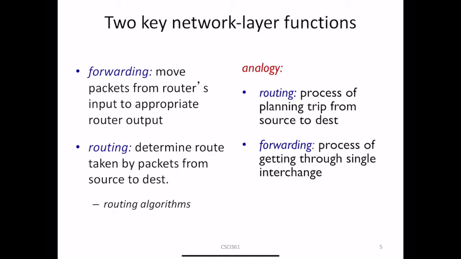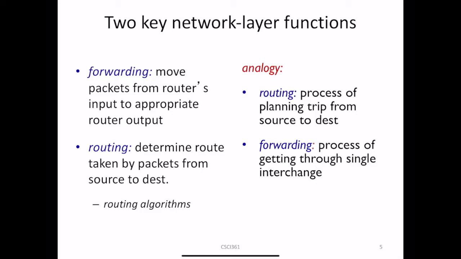Suppose you have a trip from Oxford to New York, and you ask your trip agent to make a plan for you. That plan we call routing. For example, your trip agent will tell you, okay, you can drive a car from Oxford to Memphis first, and then from Memphis airport you can take an airplane and fly to New York. That's the entire plan, or the routing, for your trip from Oxford to New York.